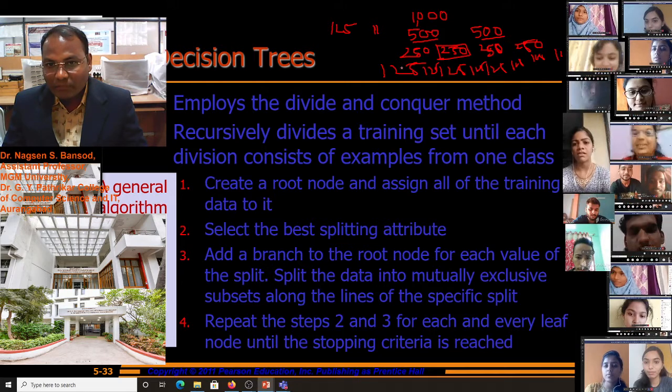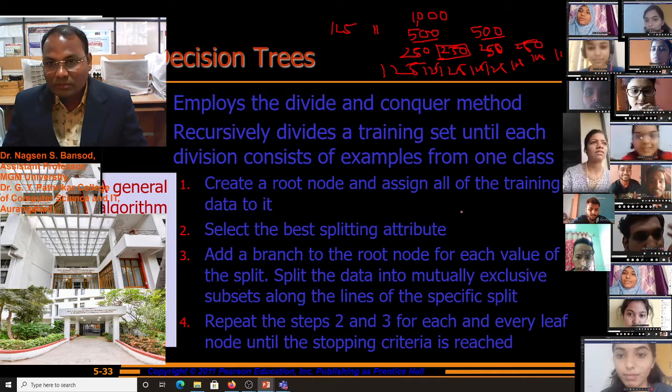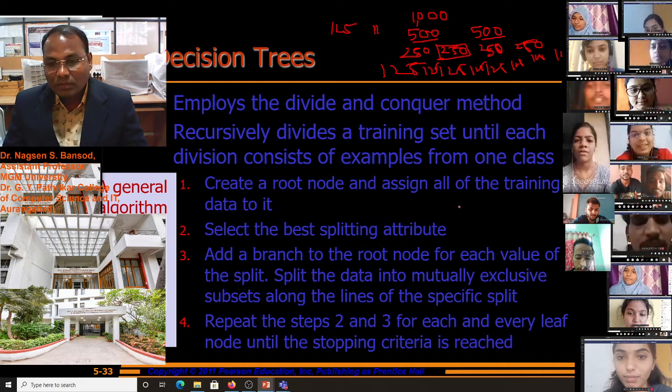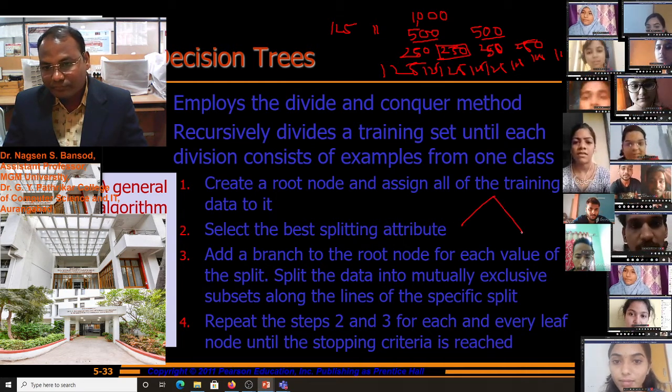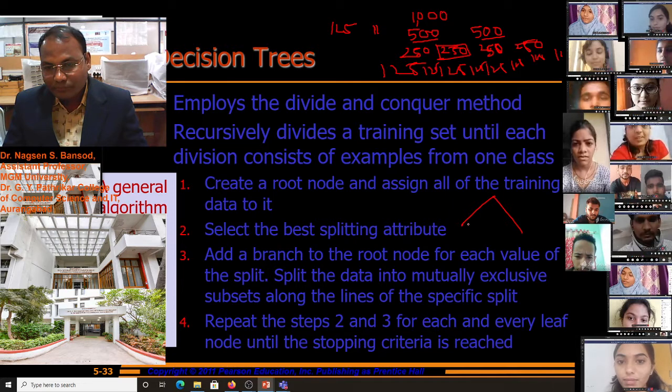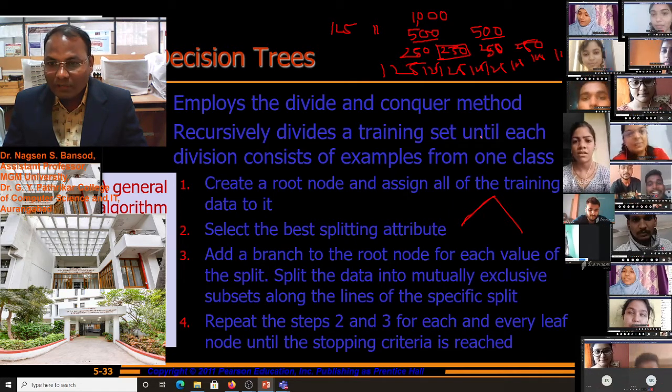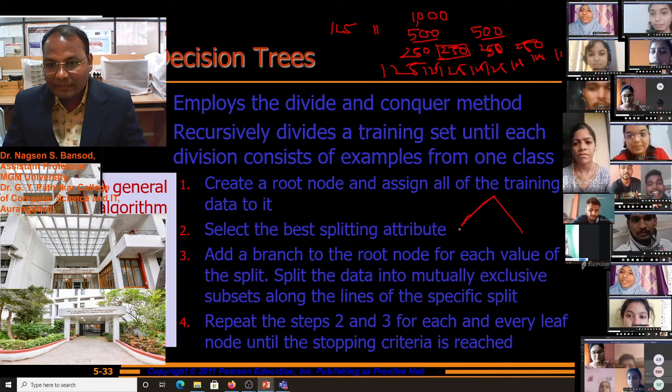We will find the best split from this and again match our sample into the whole training data set. There are thousands of records.